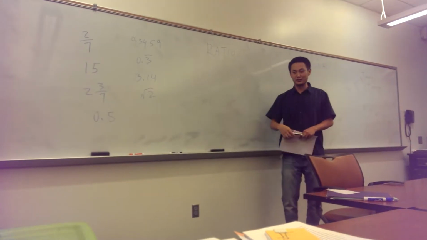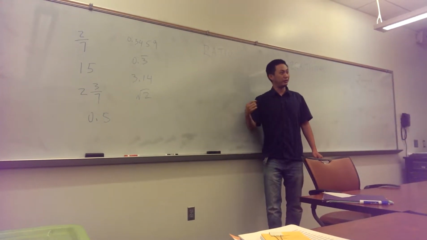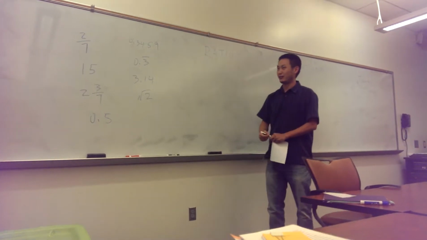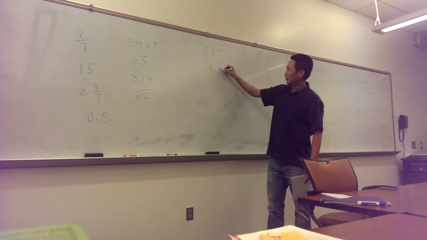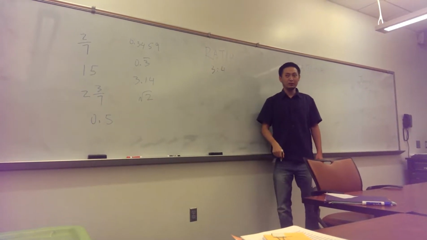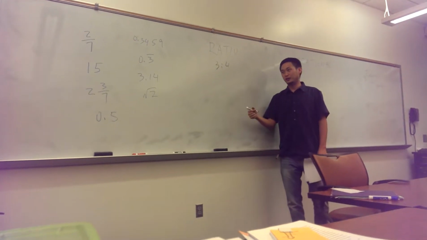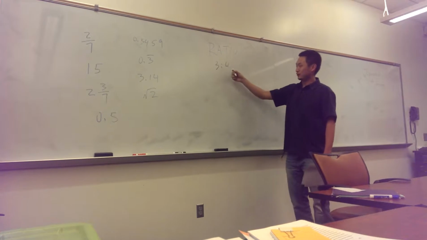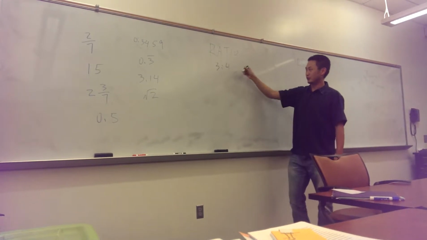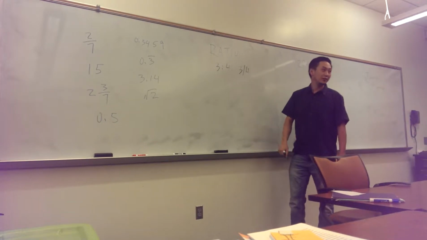But we can also say it's a relationship between two quantities, right? For example, we have 3 to 4, right? So we can also write this ratio in other ways. Like we can write this ratio as a fraction. So it's 3/4, right?